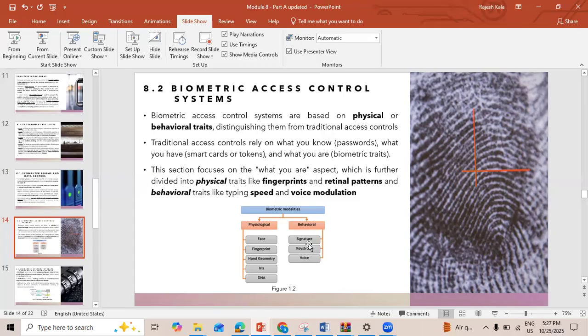Then keystroke, how you are typing on the keyboard, how fast you're typing, how much time gap between each key. Then voice depends upon how you speak, how you record the voice, like that.